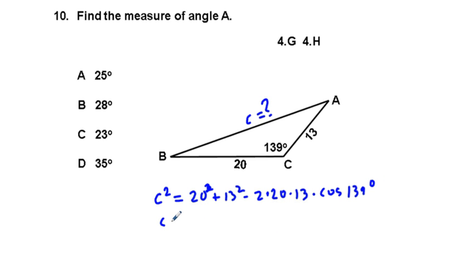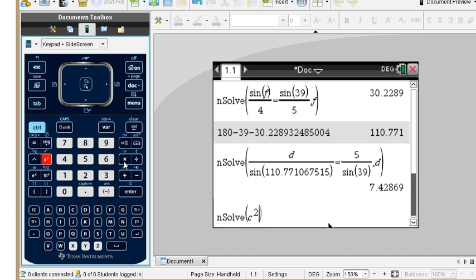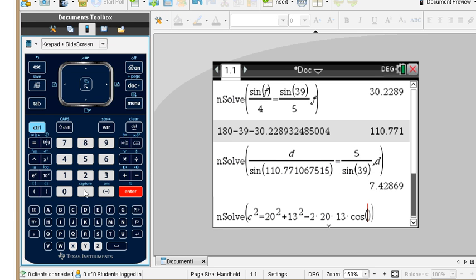So we will just put that in our calculator. Okay, menu 3-1. We'll put c squared equals 20 squared plus 13 squared minus 2 times 20 times 13 times cosine 139 degrees.